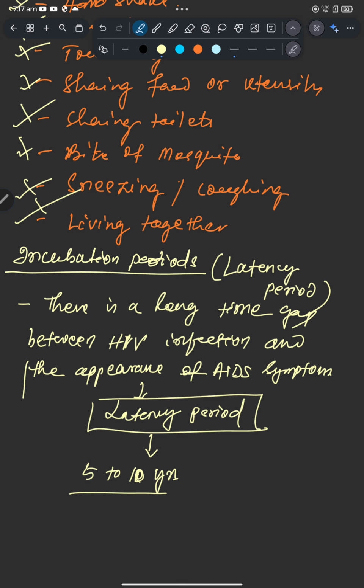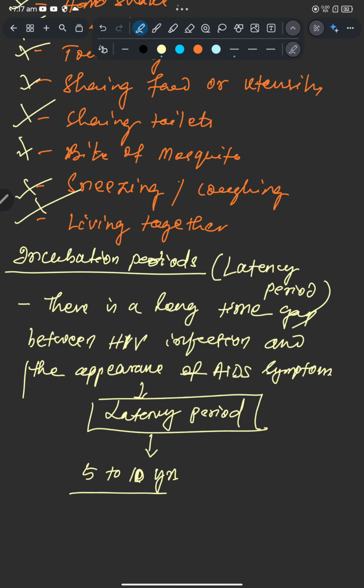During this period, the infected person may appear healthy but can transmit the virus to others. So before any blood transfusion, the blood of the donor must be investigated or tested for the presence of HIV.